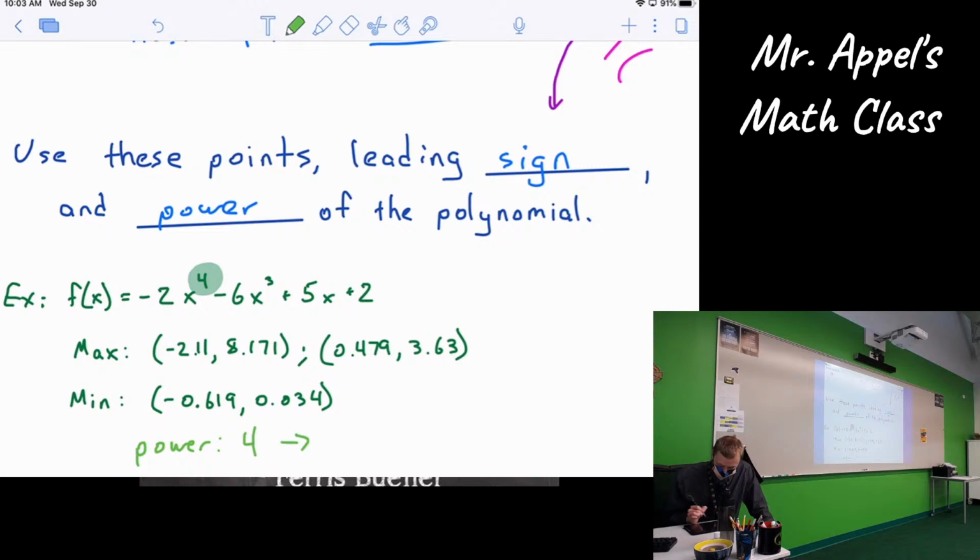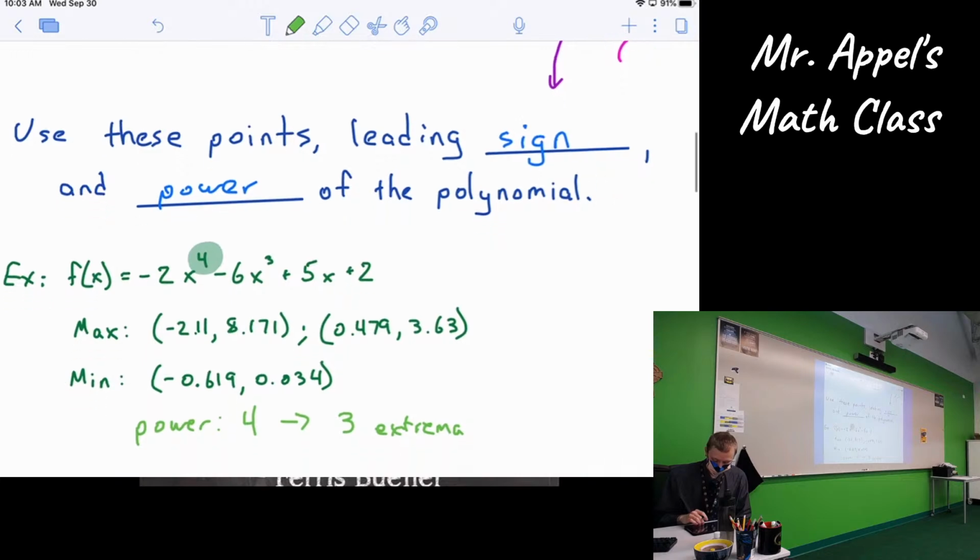Power is 4, which means we have at most 3 extrema, maximums, or mins, turning points, if you will. We also know that because 4 is even, the ends are the same.